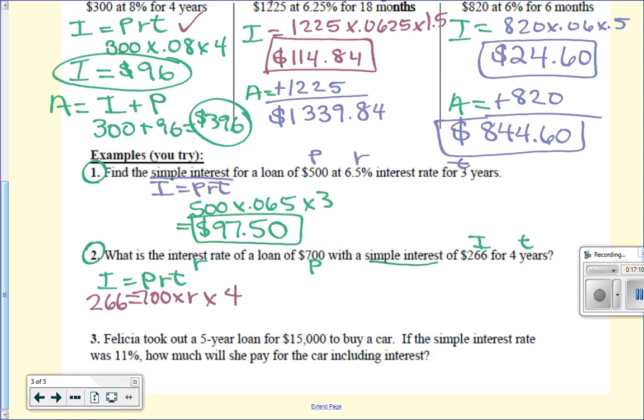$700 times 4 is what? Yeah, $2,800 times your rate, and then what do you have to do? How do we solve for our rate? One-step equation. Good.